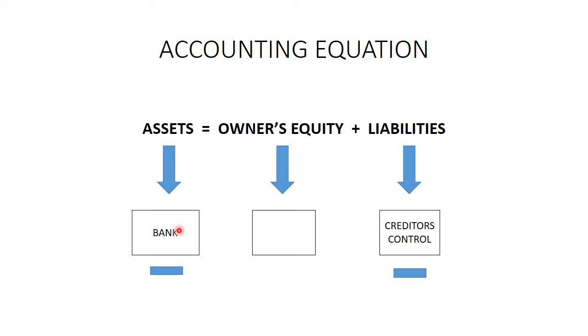We are looking at these two accounts, which are bank and creditors control, and both of these accounts are decreasing, meaning that the bank is affecting assets negatively, and creditors control is affecting liabilities negatively. Why?